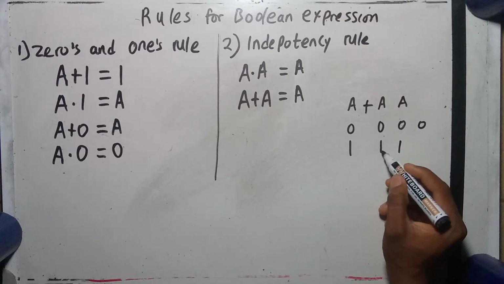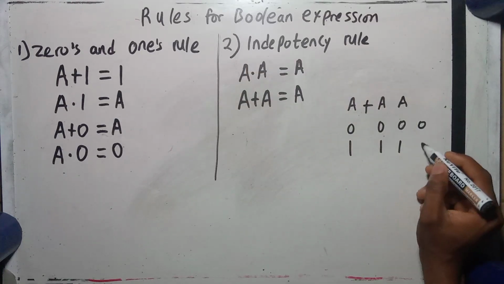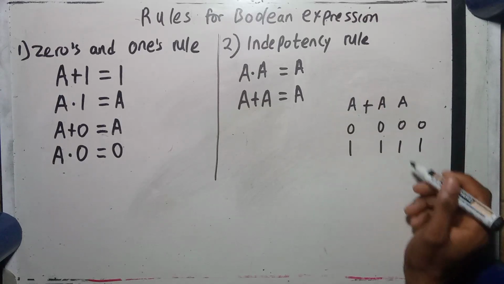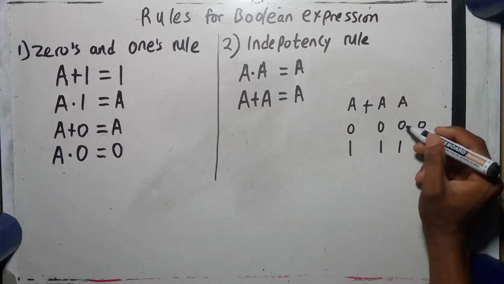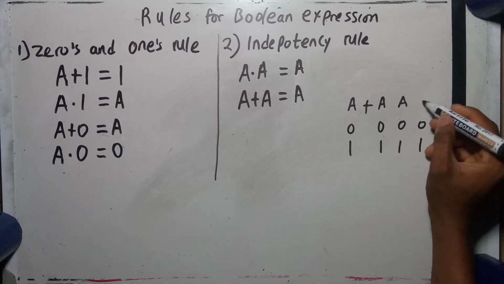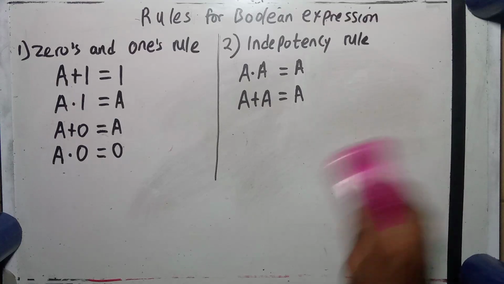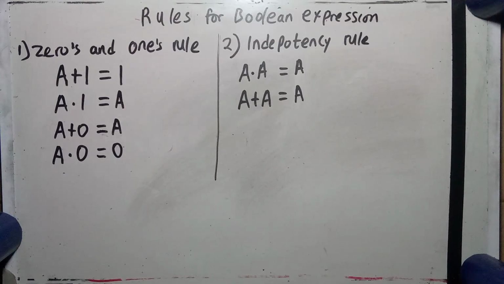And 1 plus 1, in Boolean expression, we say is 1. In logic, we say is 1. So which is still the same thing. So as you can see, A plus A is still A, and A times A is also A. So these are the easy ones.